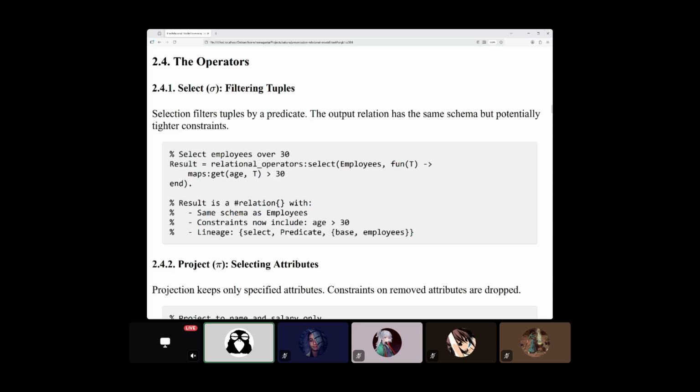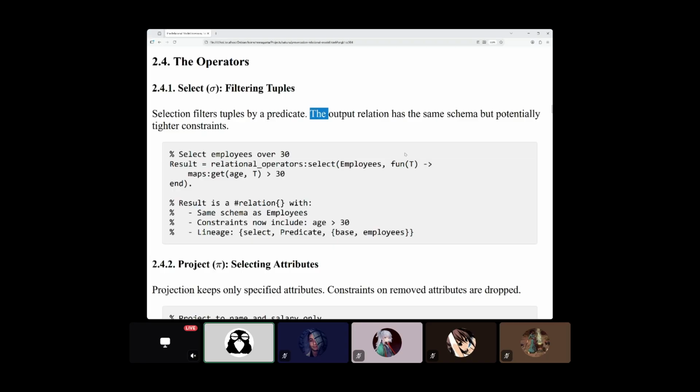The output will have the same schema that you originally had, but it's just a subset of the relation. That's what the sigma operator does. It's essentially just generating a subset of the original relation with an additional constraint.